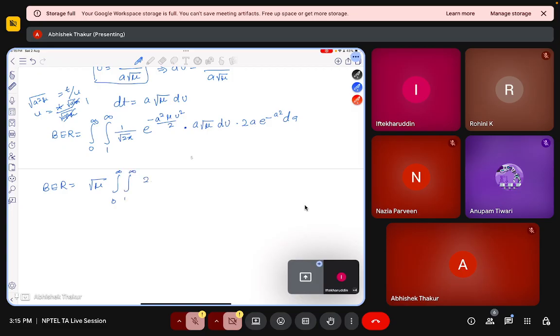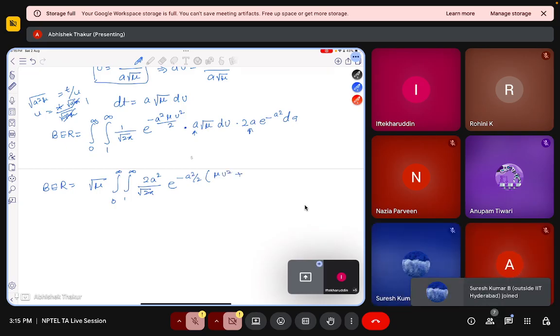Now 2a squared, because there is one a here and one a here, divided by square root of 2 pi e to the power of minus a square by 2 times mu u square plus, like here we have divided by 2, so for this minus a square it will become 2, du da.